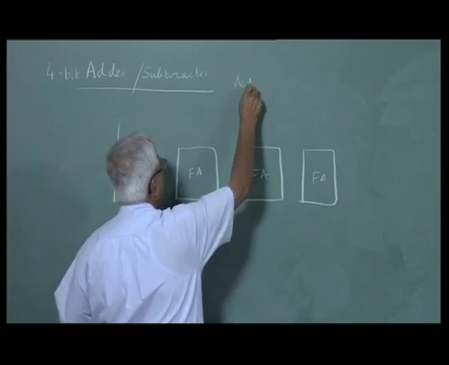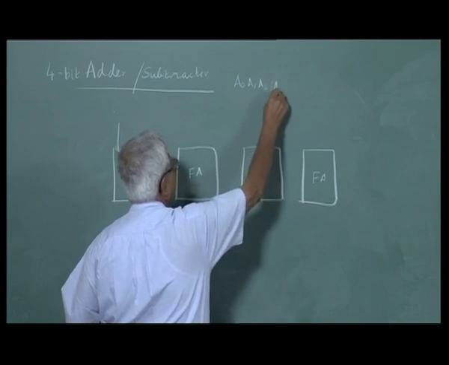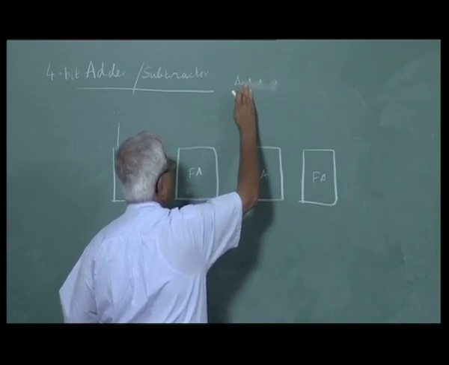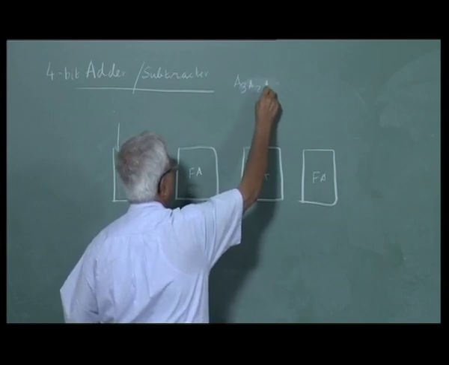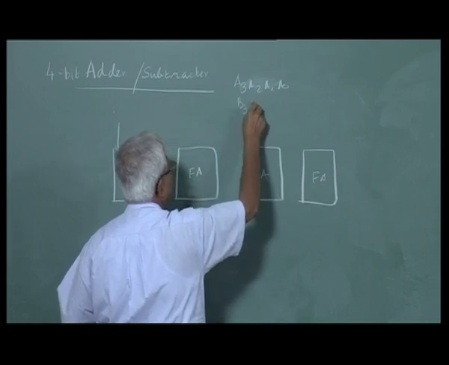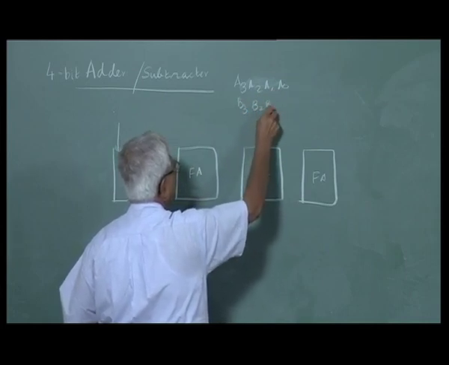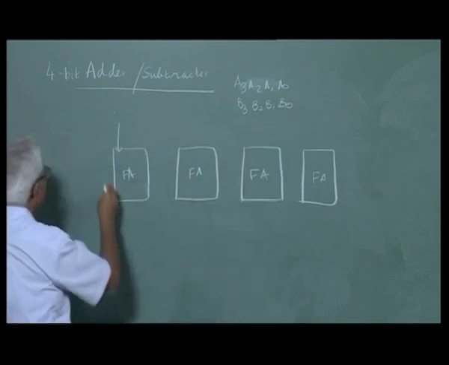A0, A1, A2, A3. The other way, I am sorry. A3 is MSB. B3, B2, B1, B0. This is A0, B0.